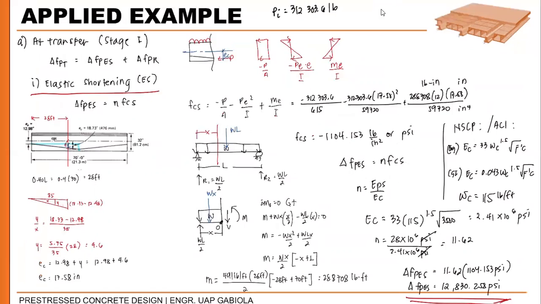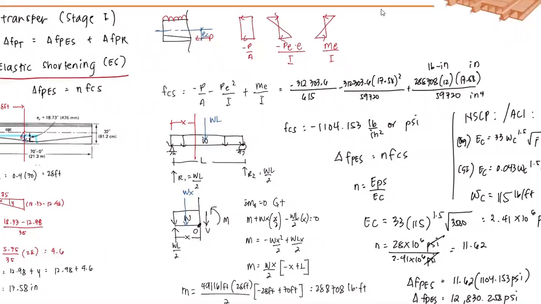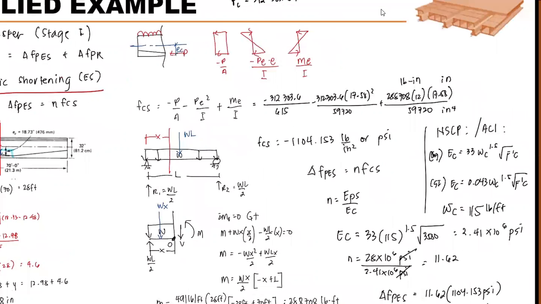And then we just analyze or calculate yung value ng FCS at transfer, ang kanyang pinaka forces na nag-exist sa kanya is due to pre-stressing, yung compressive stress due to pre-stressing, yung moment na napoproduce yung pre-stressing dahil meron tayong eccentricity, and then meron tayong self-weight moment na nagkakos ng positive bending para dun sa location ng tendon natin. Okay? Kaya naging plus siya.